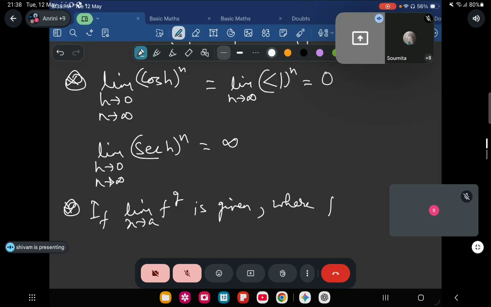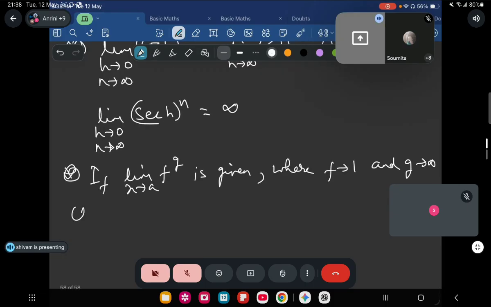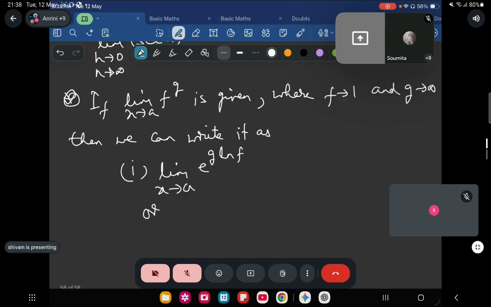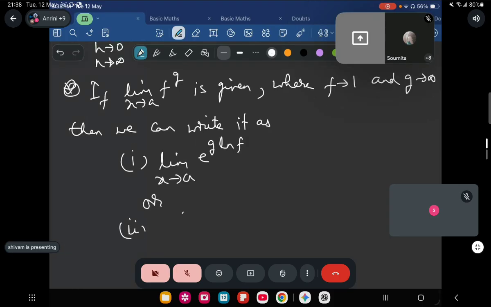Where f is tending to 1 and g is tending to infinity, then we can write it as number 1, limit x tends to a, e to the power g into ln f, or we can also write it as number 2, e to the power limit x tends to a g into ln f.